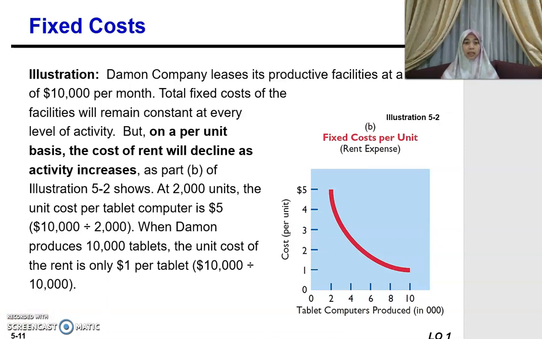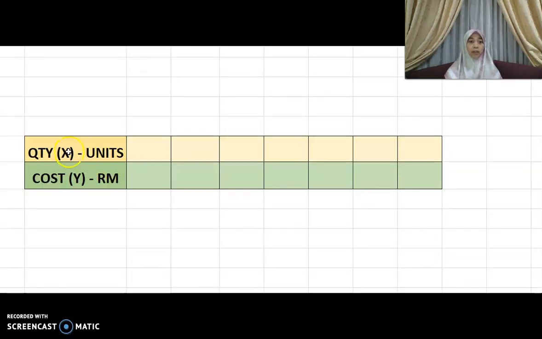Let's say your x is your quantity, the units that you produce, and your y-axis is your fixed cost. Let's say your fixed cost is 10,000 ringgit. What if you just produce one unit? That one unit will bear the cost of 10,000 ringgit.